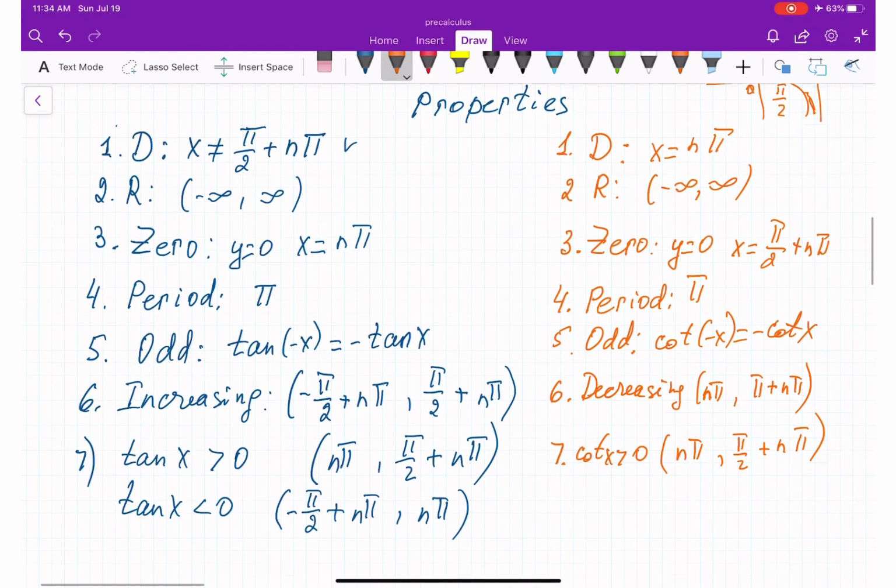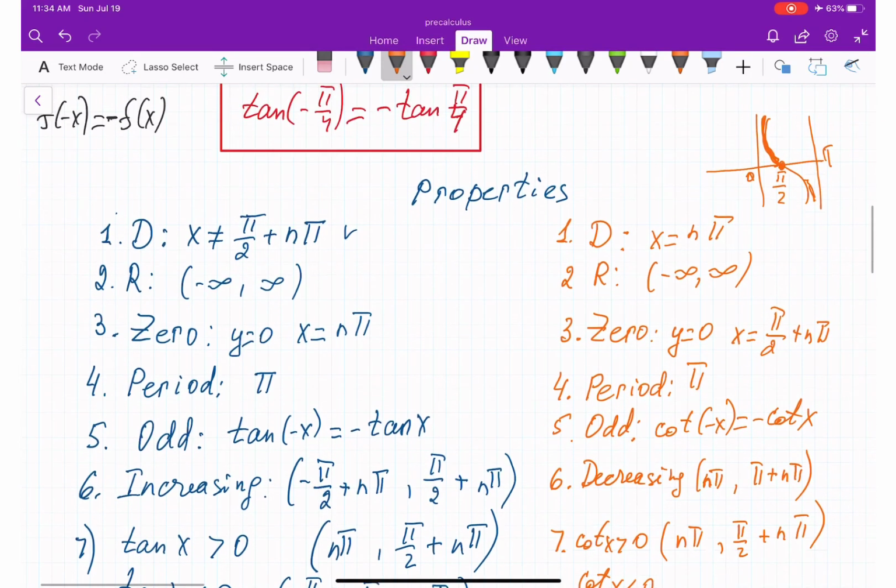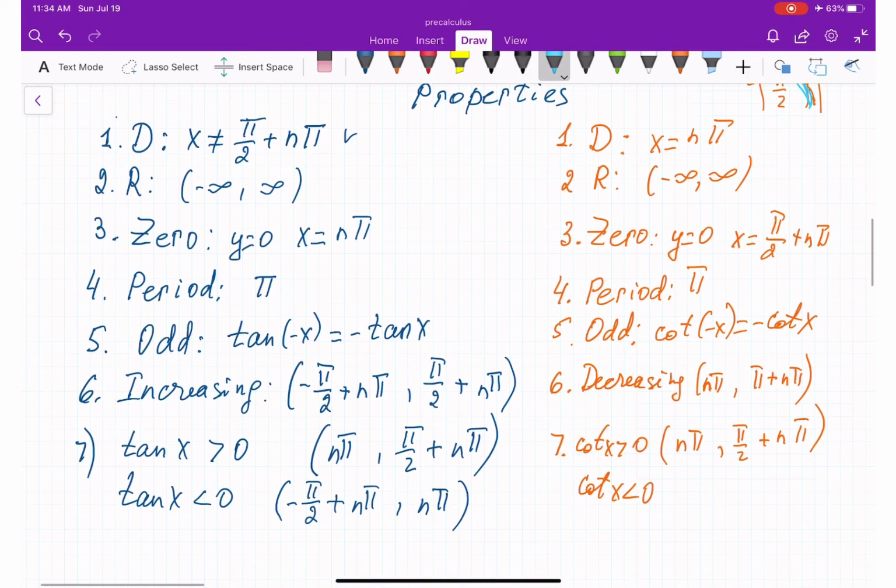And less than 0, whenever it's in the area where it's below the graph, which is going to be this one, right? So from half a pi to pi, and plus n times pi.